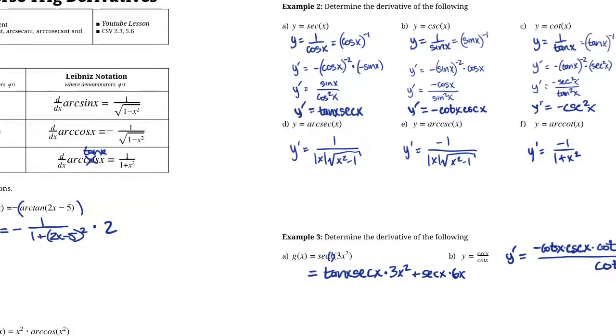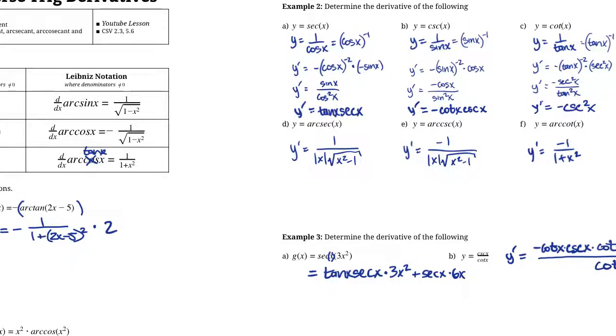If we look back over here at the derivatives of arc sine, arc cos, and arctan, they're actually very similar. They're the same essentially, except they got this absolute value of x in the bottom, and it's also switched. So sine here was the one that was positive, but cosecant is the one that corresponds to sine, right? And it was negative here. So the negative sign went from the one having to do with sine to the one having to do with cosine to the one having to do with sine.